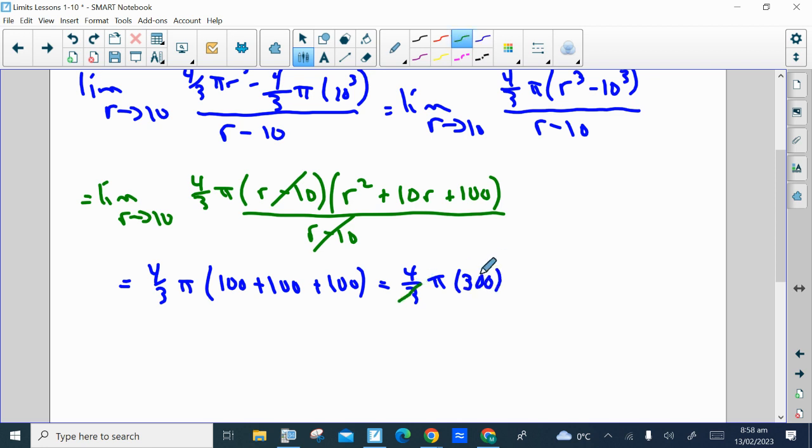You can divide top and bottom by 3. 300 divided by 3 is 100. And if you multiply out what we have left, and I'm going to leave it as an exact value, it'll be 4 times 100, which is 400 pi. And this is the rate of change of volume, which will be in centimeters cubed per centimeter of radius.